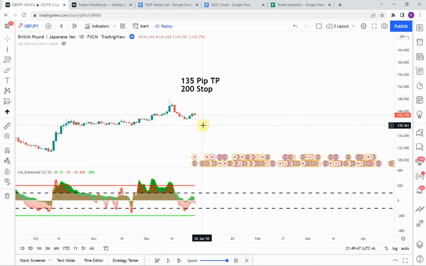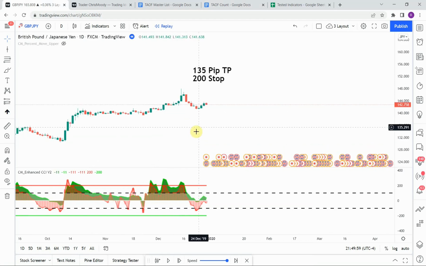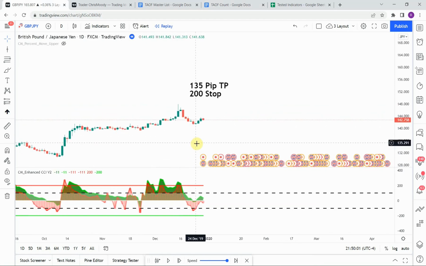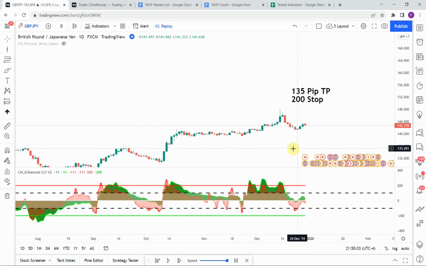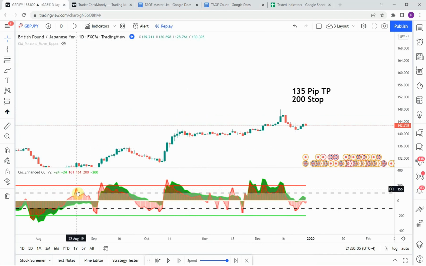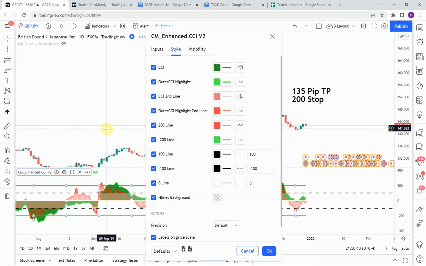Alright, so today's indicator is the CM Enhanced CCI V2 indicator, and you can see it here on the bottom of the screen. The setup on this is relatively easy, and we'll break down a few parts of the indicator here. First of all, we are going to ignore the green and the red band at the top and bottom.